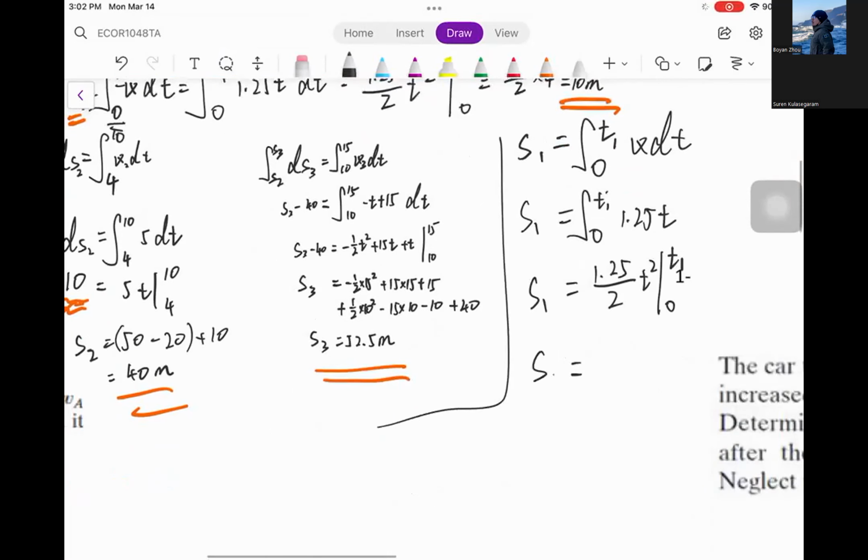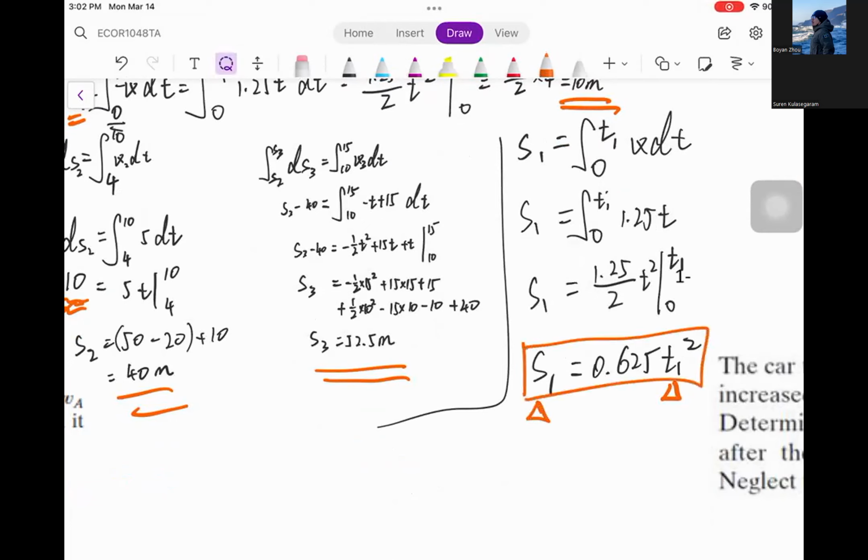So just put in the T1 and we're going to have 1.25 over 2, which is 0.625, so 0.625 T1 squared. So here you can see we found the relationship between T1 and S1. That is the first equation.